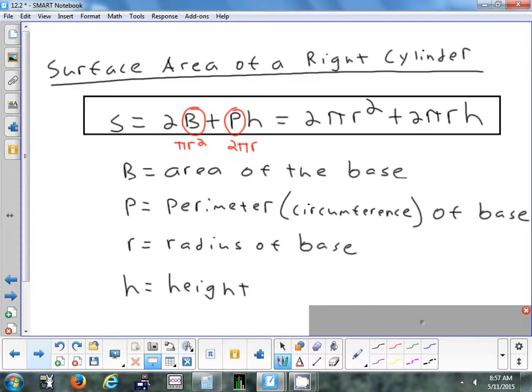The reason I memorize what's on the left is because I think it gets too confusing once you start learning all these formulas to try to remember everything. Try to remember the generic formula, and then you can use it on every shape. So I would try to remember double the area of the base plus perimeter times height.